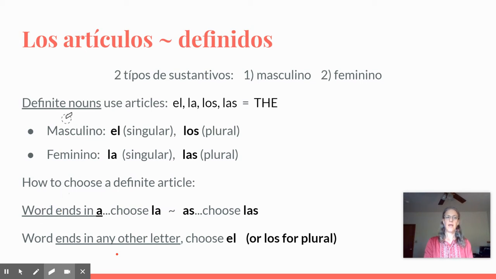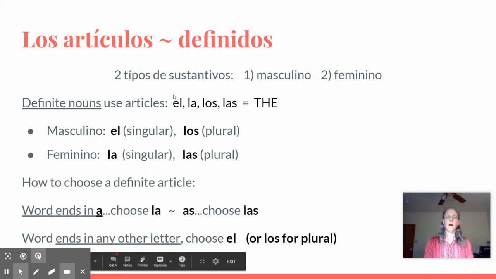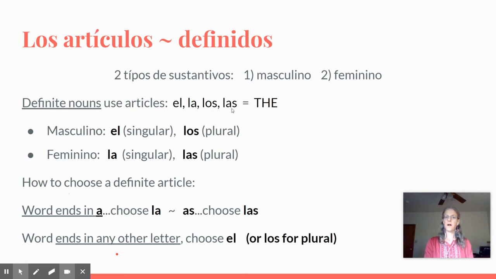Okay, so en español, we had those artículos el, la, los, and las, and those are 4 words for just one word in English. They all mean the. We call them definite nouns or artículos sustantivos or artículos definidos.